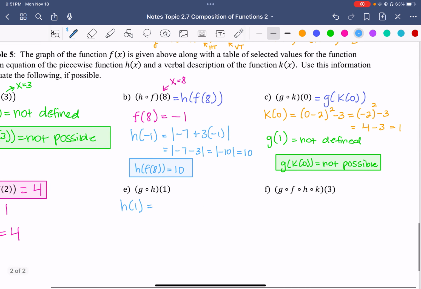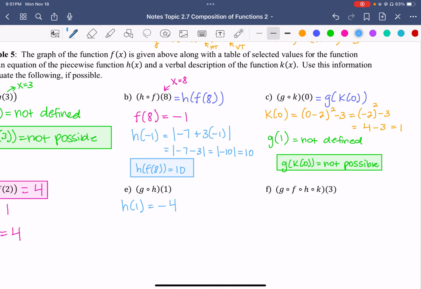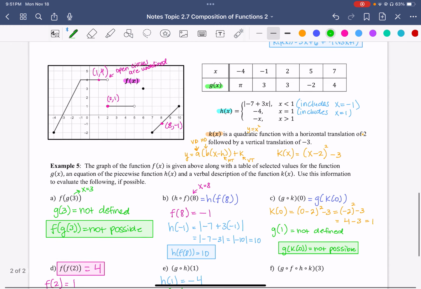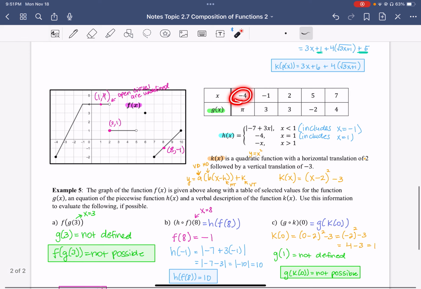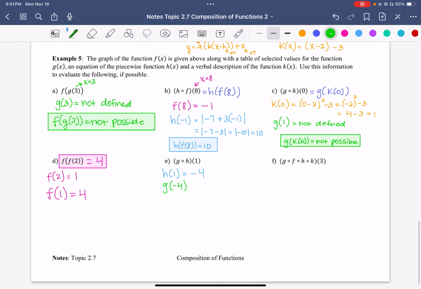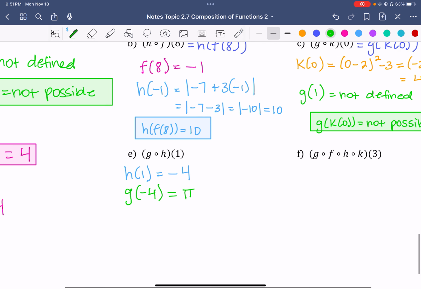It is negative 4. So h of 1 is negative 4. Next, I'm going to go to the table of g, and I'm going to find g of negative 4. So when x is negative 4, the y value is pi. So g of negative 4 is pi. So g of h of 1 is pi.